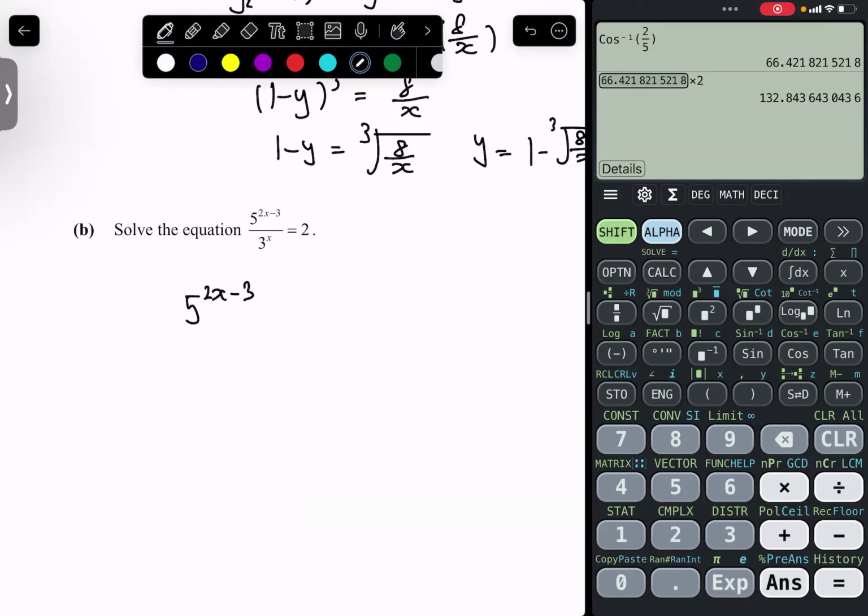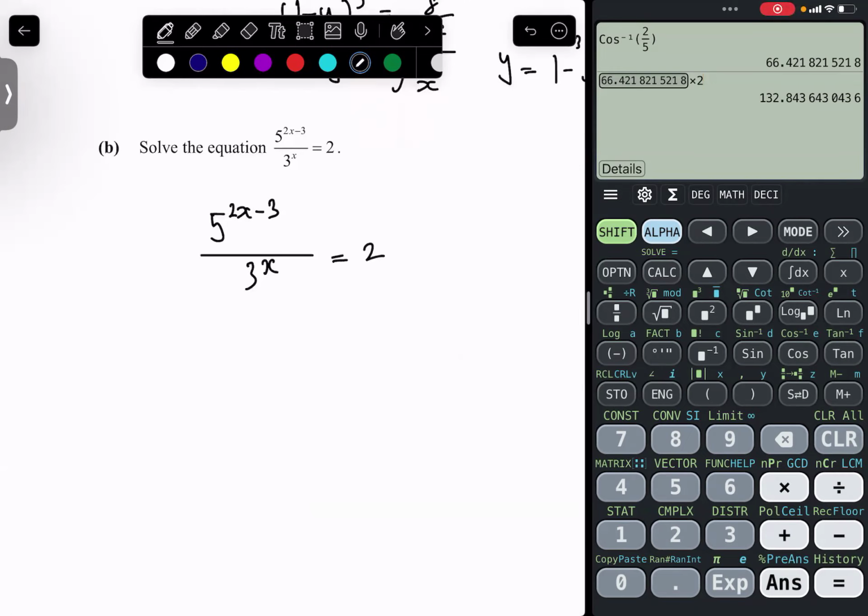Exponents, one of the things that is different from E math is that for A math, exponent is about the separation. So the 5 to the power of 2x minus 3, I can express it as 5 to the power of 2x times 5 to the power of negative 3, over 3 to the power of x equals 2.